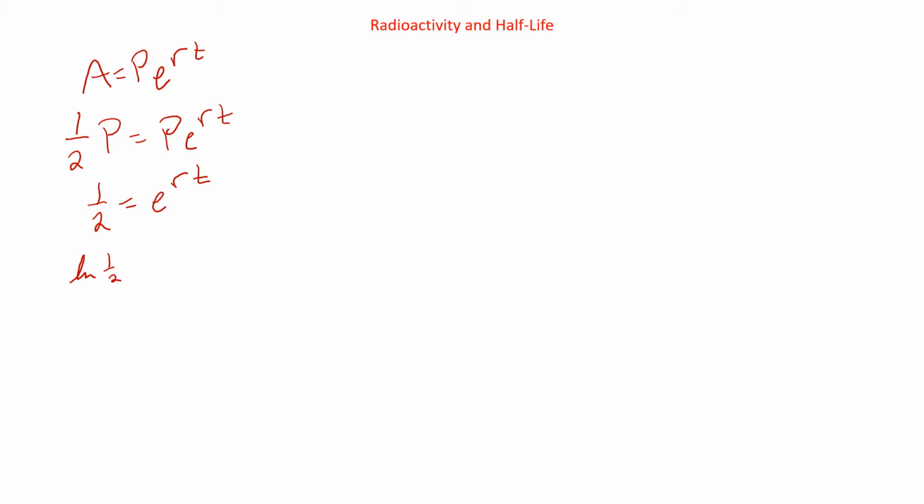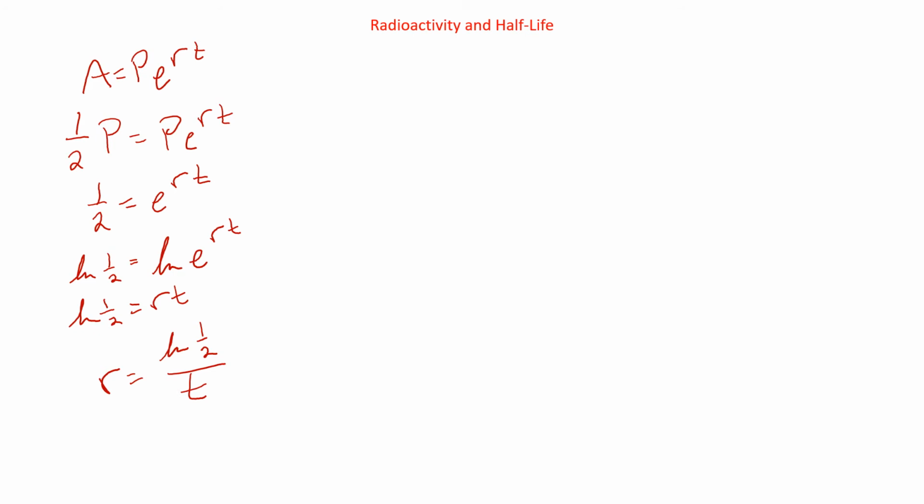So you have natural log of 1/2 equals the natural log of e to the rt, which is just rt. And so solving for time, we would just divide by the rate. Or a lot of times we'll have the half-life as a certain number of years, so we have the time and we have to figure out what r equals. Either way, solving for either of these variables is going to be the same, but we'd have r equals natural log of 1/2 divided by t.